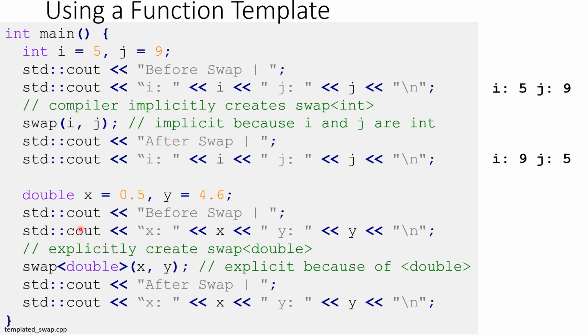Before the swap, it will print x equals 0.5 and y equals 4.6. And after the swap, it will print the swapped values. And in this case, you are defining the swap to explicitly use double. So in this case, if you say swap double i and j, it won't work.